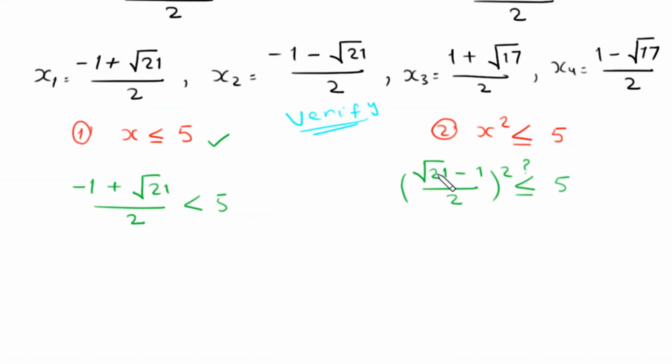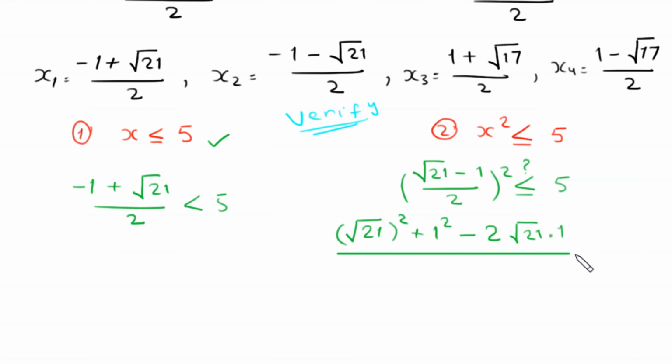Now this root 21 minus 1 whole squared is equal to root 21 squared plus 1 squared minus 2 times root 21 times 1, divided by 4. Is it less than or equal to 5?